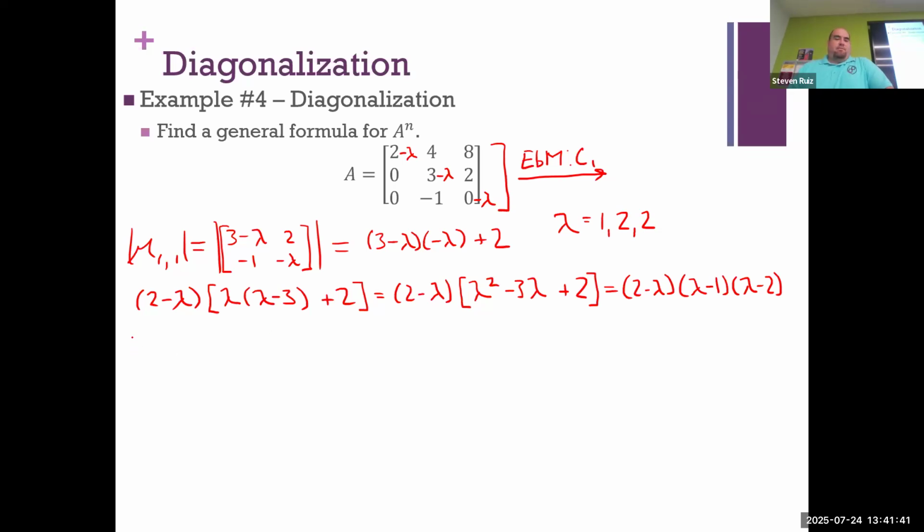All right. So A minus I becomes 1, 4, 8, 0, 2, 2, 0, -1, -1, which is the thing that one of you will reduce.